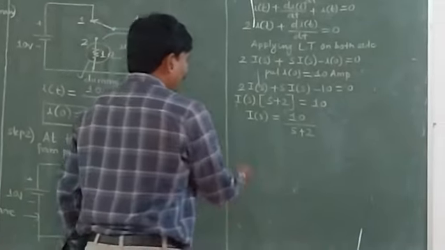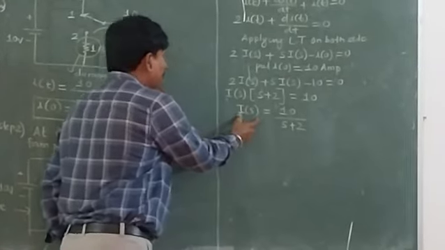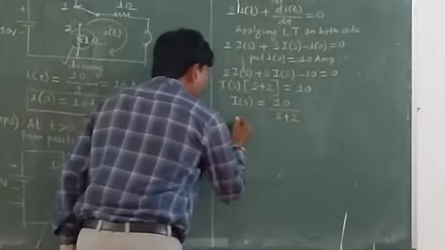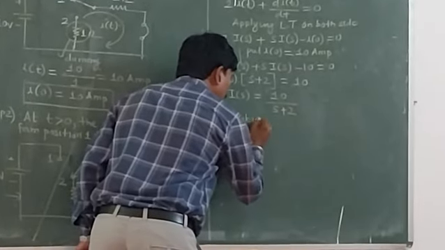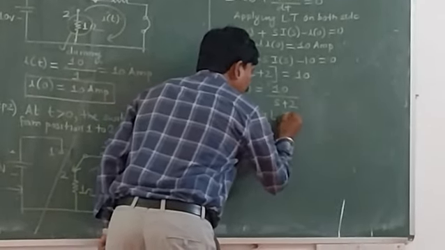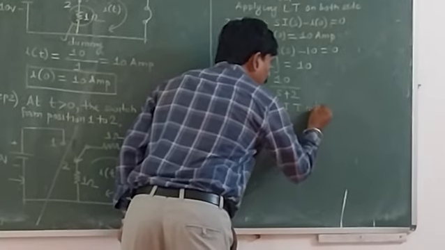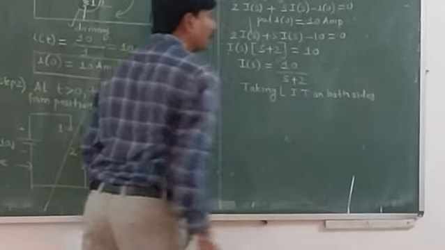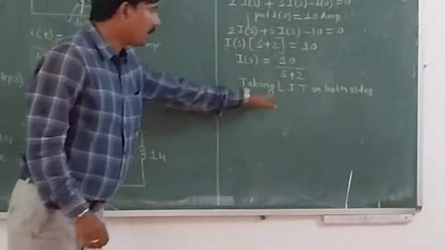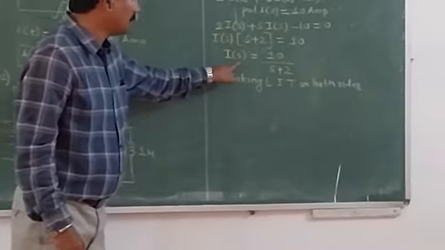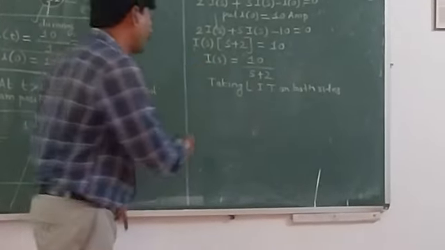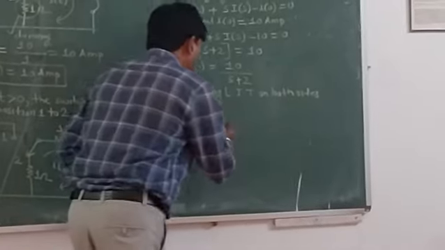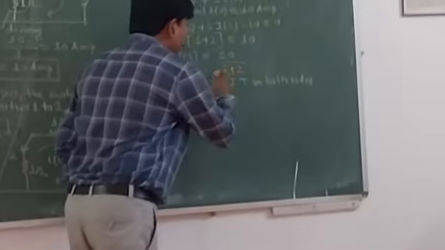Now I don't want to find I of s, I want to find I of t. So what I am doing is taking the Laplace inverse transform on both sides. When we take the Laplace inverse transform of the above equation, the inverse transform of I of s is I of t. 10 is a constant, so we take it common.